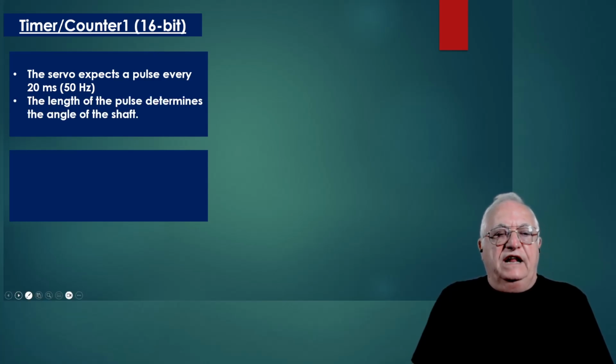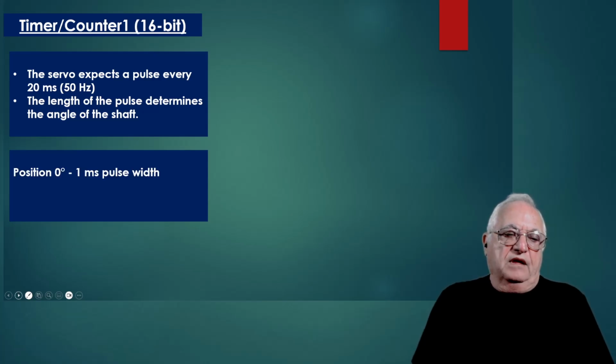Next, the length of the pulse will determine the angle of the shaft. For example, if we want position 0, then we need to send a pulse of 1 millisecond duration.